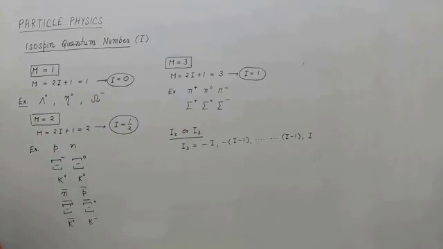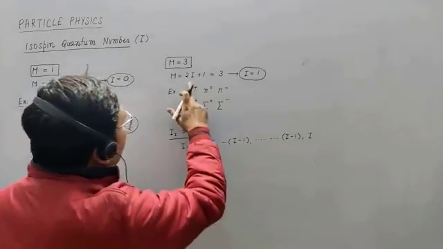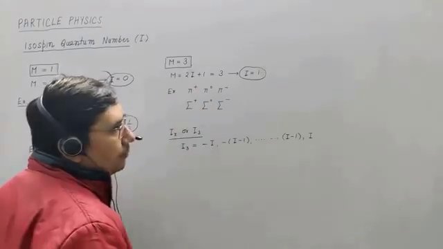Their number will be exactly equal to the M number, because M number is equal to 2I plus 1.